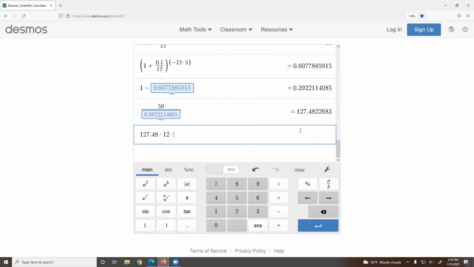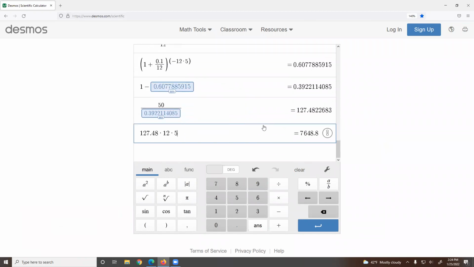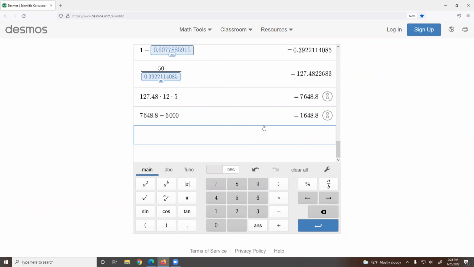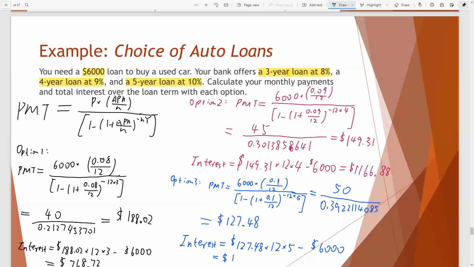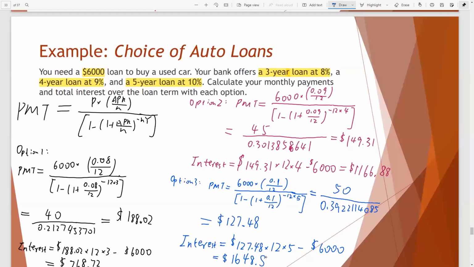Have 12 payments, have 5 years. That's $1,648.80.